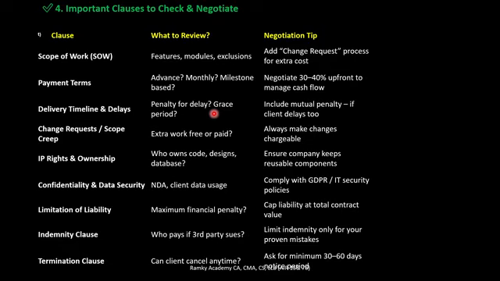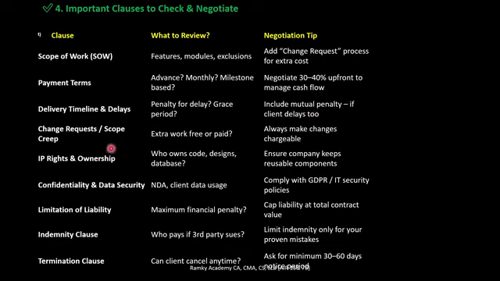This is the kind of structured legal language they have to include in the contract. And it should include a mutual penalty, if the client delays too. So if a supplier delays any payment to the client or the client delays any payment to the supplier, each party has the right to levy 1% extra penalty, in order to protect the interest of the parties.